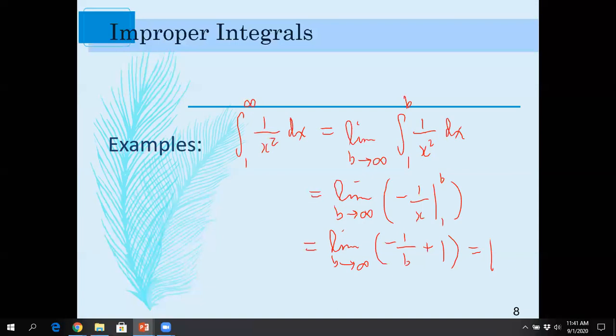The integral converges to 1. You could literally think of 1 as the value of that integral.